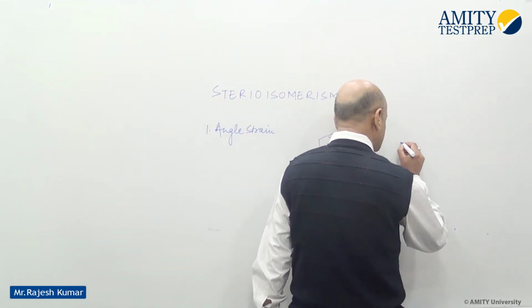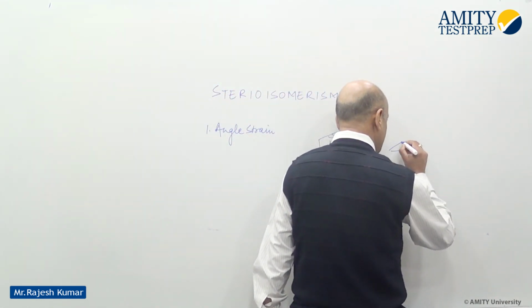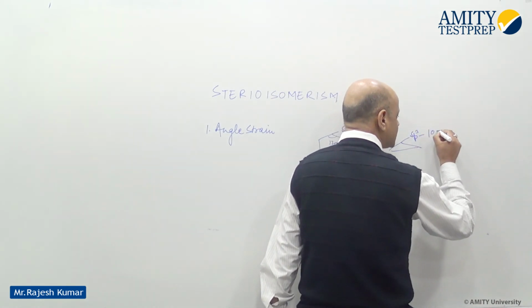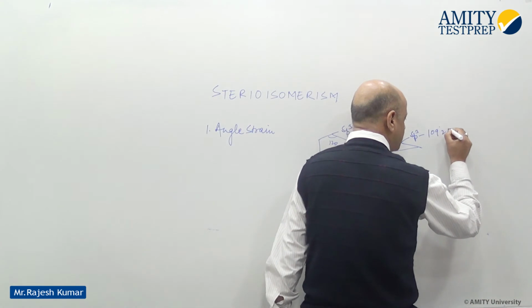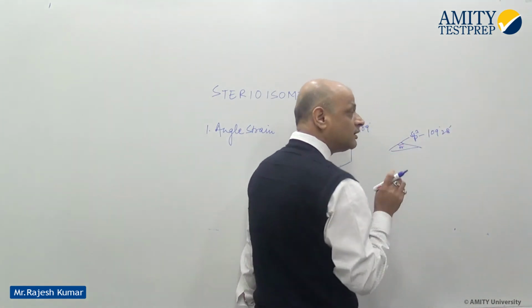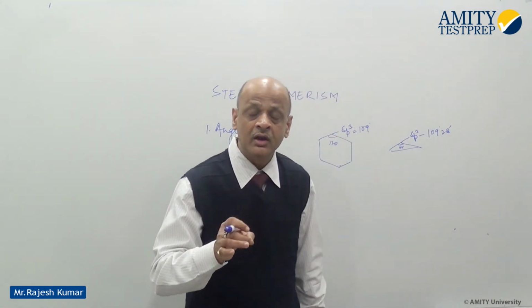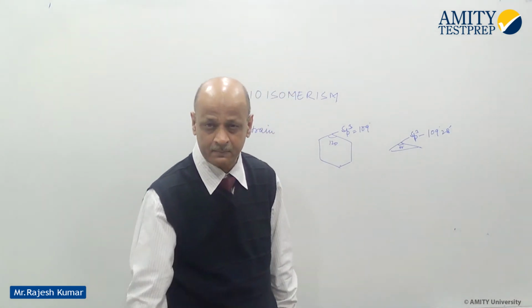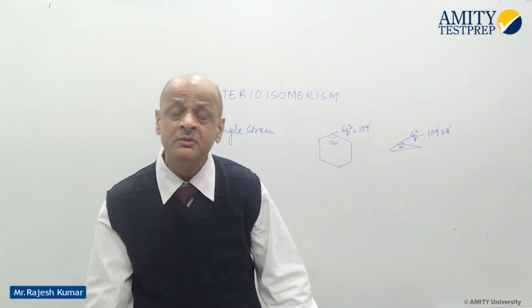If it is a 3-member ring, this carbon is still in sp3 hybridization, so the bond angle should be 109 degrees 28 minutes, but this angle is 60 degrees. So this angle deviates due to a decrease from the expected one. This makes the molecule unstable. Baeyer also made a mistake there.